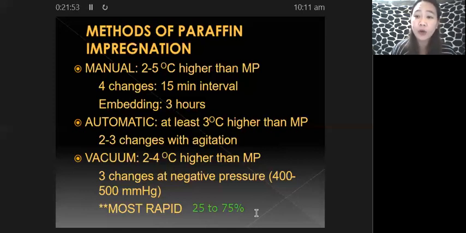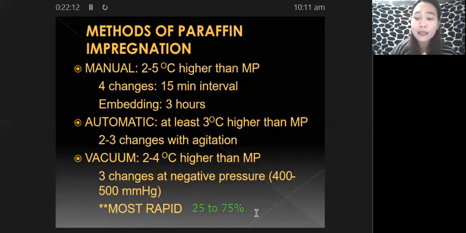In dehydration, is there hardness? Yes, because that is a consequence of immersing your sample in your dehydrating agents.